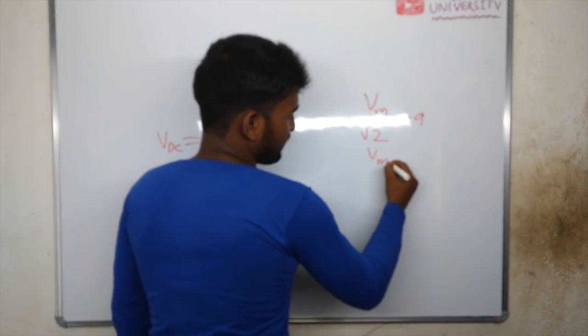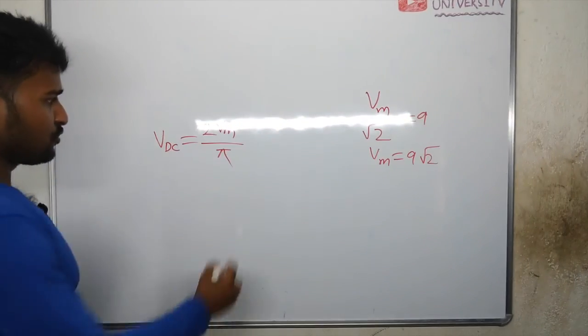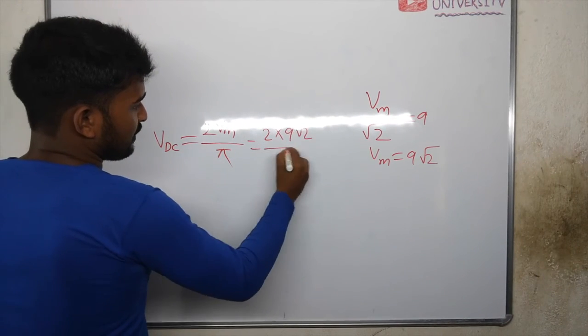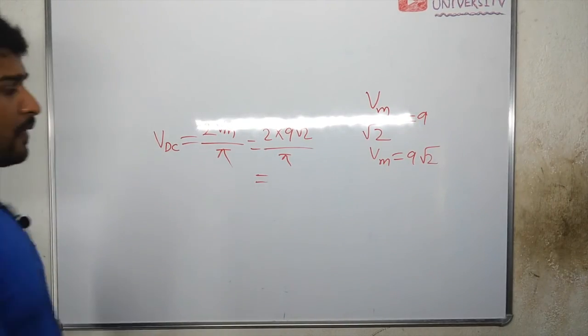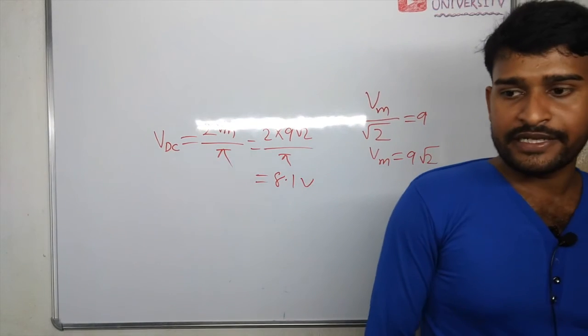Then Vm will be 9 root 2. Substituting, 2 times 9 root 2 divided by pi, the answer will be 8.1 volt. So the option is option D.